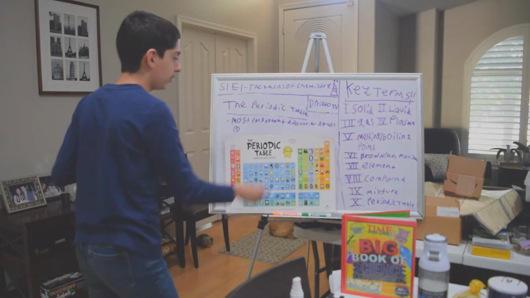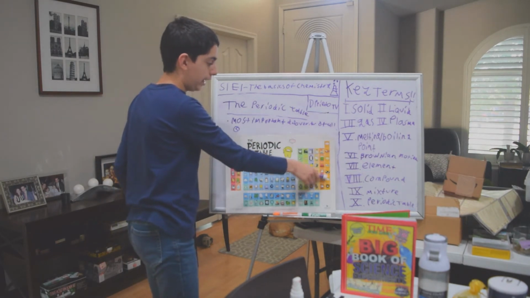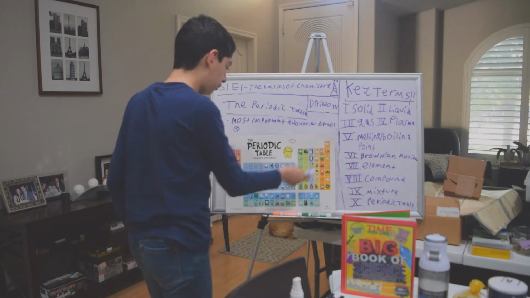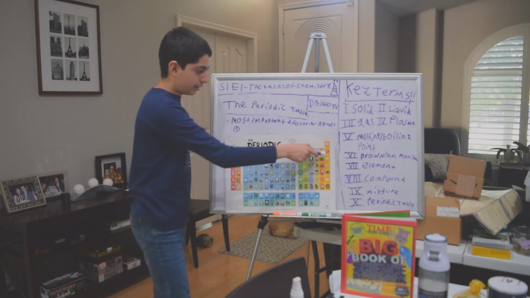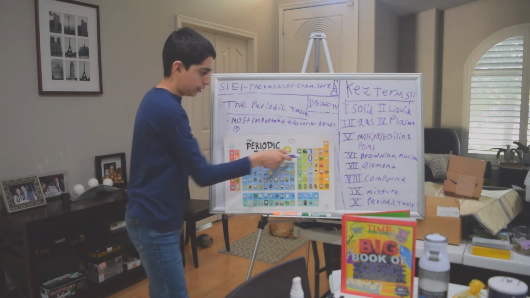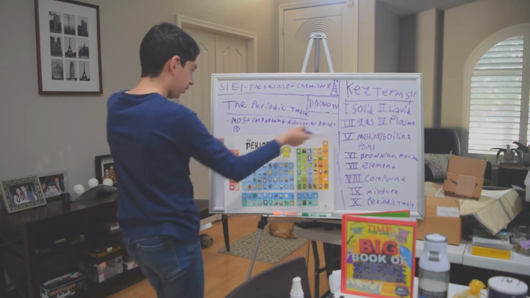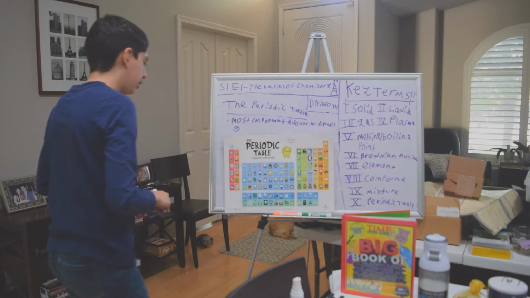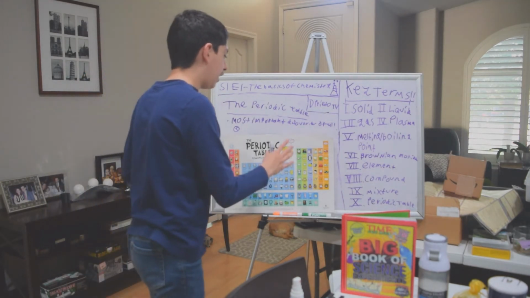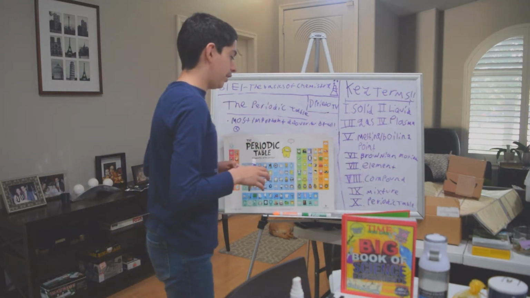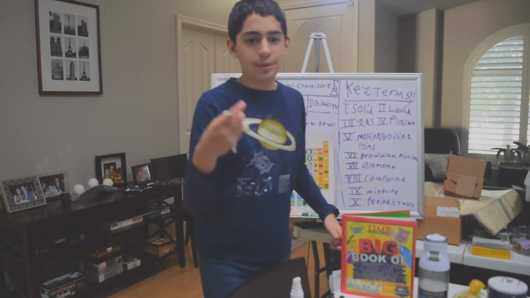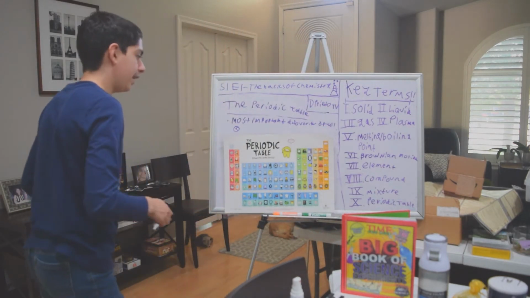As you see, the vertical lines here are called groups. The horizontal lines, like one here, one here, one here, are called periods. These two at the top are considered one line. The elements are categorized by their reactivity and use.